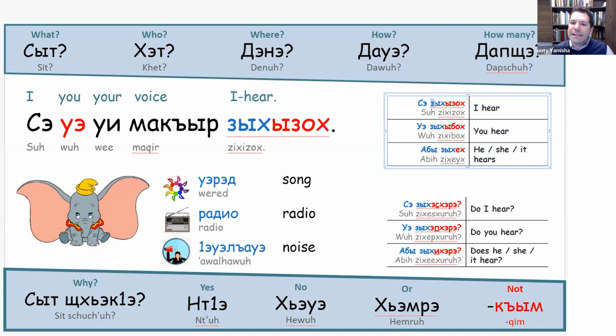Sa zichizoch. Wa zicheboch. Ab zichech. It's just about motor memory.